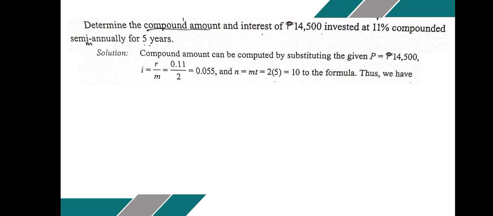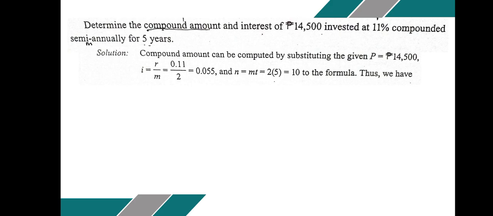And then, our periodic rate is equal to R over M, or the rate over the conversion period. The rate given here is 11%, so that is 0.11. And since it is compounded semi-annually, semi-annually is equal to 2. So, 0.11 over 2 is equal to 0.055, and that is our periodic rate.